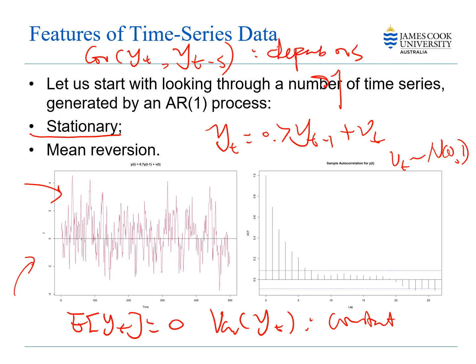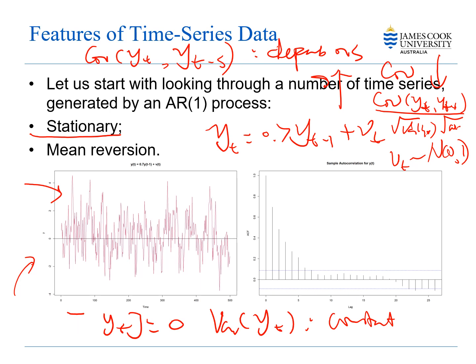As s increases, this covariance decreases. Or correspondingly, the correlation, which is the covariance of yt and yt minus s divided by the square root of variance of yt times the square root of variance of yt minus s, decreases to 0 quickly.